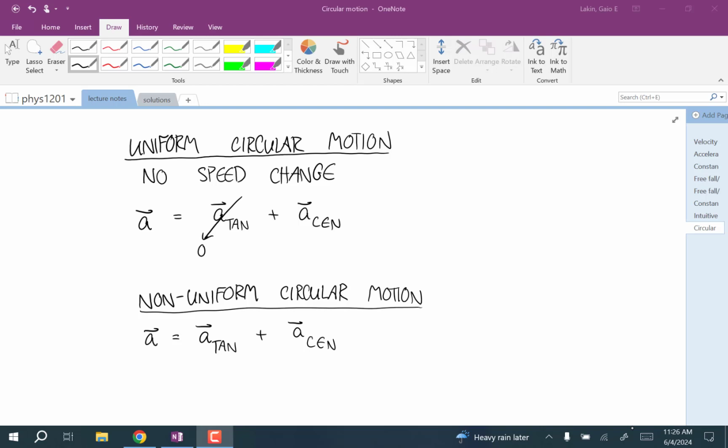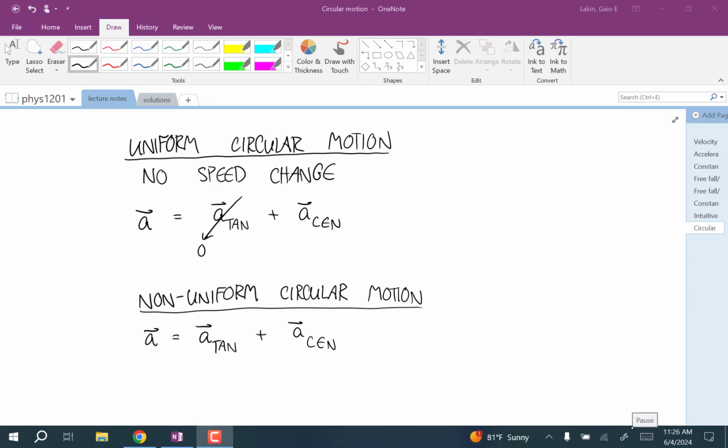And so if you go through the calculation of the centripetal acceleration, what you see is the acceleration is always toward the center of the circle with a magnitude of v squared over r. So is that constant acceleration? It's not, because as the object goes around the circle, the vector that points in that direction keeps changing.